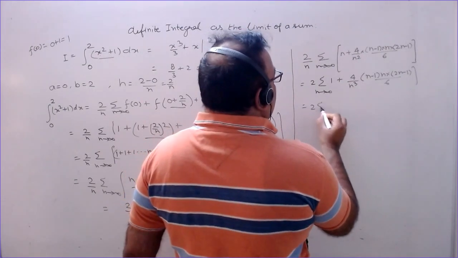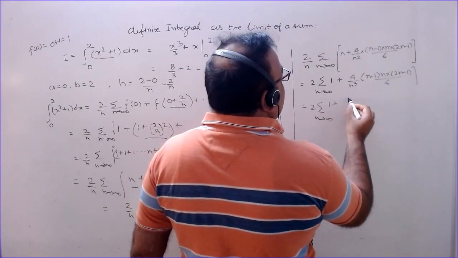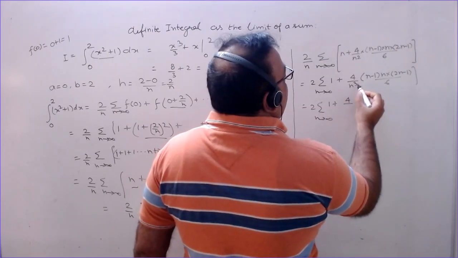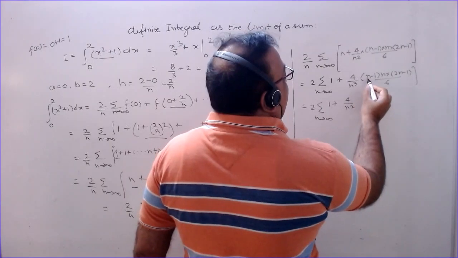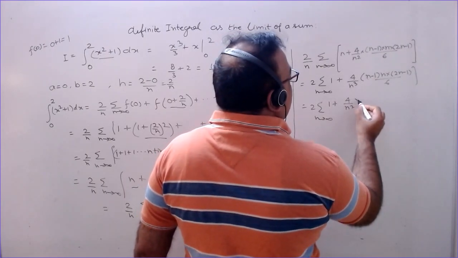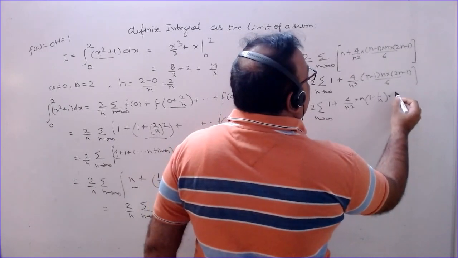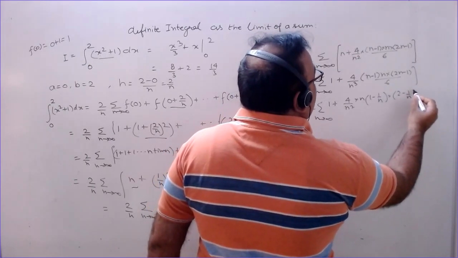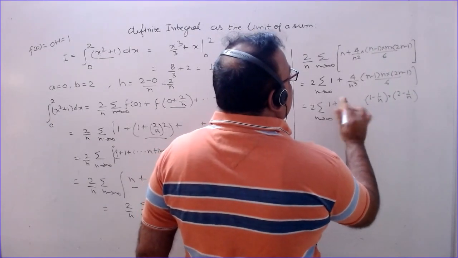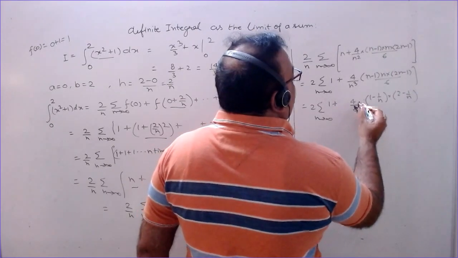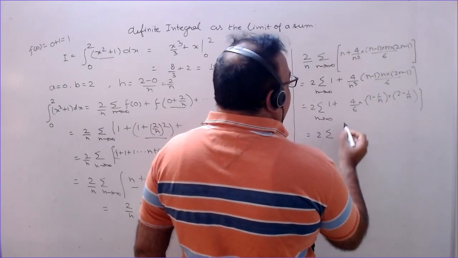So 2, n tends towards infinity, 1 plus 4 by n square, this n cancels 1 n here, take n and n common out of these two, into n, 1 by n, 2 minus 1 by n, so this n square is also cancelled, 4 divided by 6. Now we can put n equal to infinity.